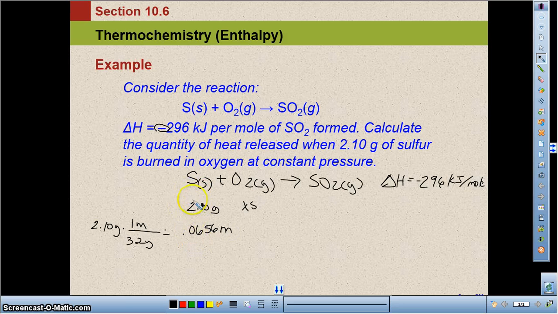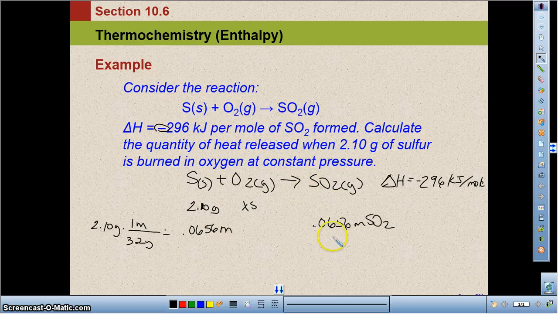If this were 1 mole of sulfur, I would produce 1 mole of sulfur dioxide and give off 296 kilojoules. But I don't have that. I have 0.0656 moles of sulfur, which, because it's a 1-to-1 ratio, should produce 0.0656 moles of sulfur dioxide.